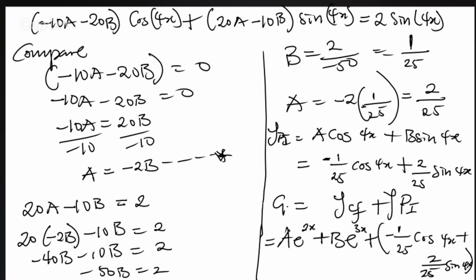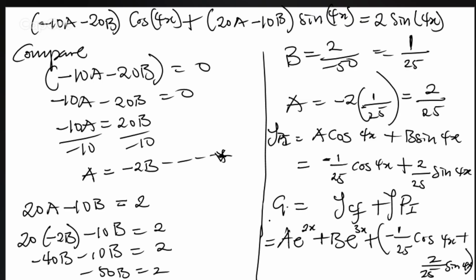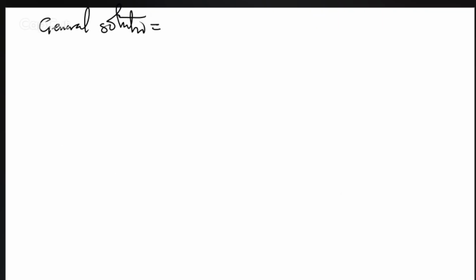So we can write this equation very well in a new page, and we simply have that our general solution, you tell your examiner that your general solution will now be equal to, what is your CF? Your CF is A exponential 2x. So you have A exponential 2x plus B exponential 3x plus, what is now your PI?